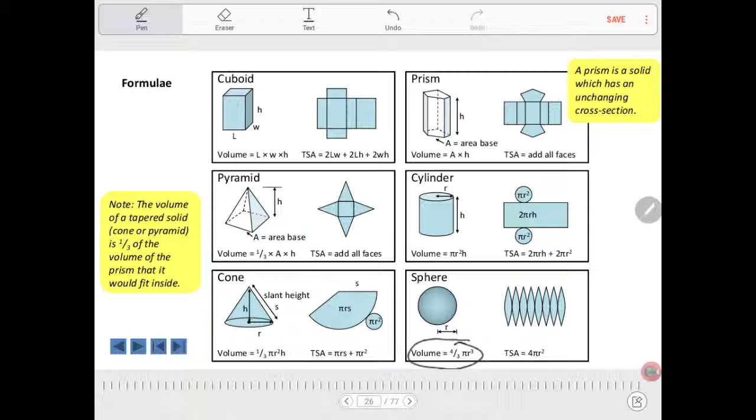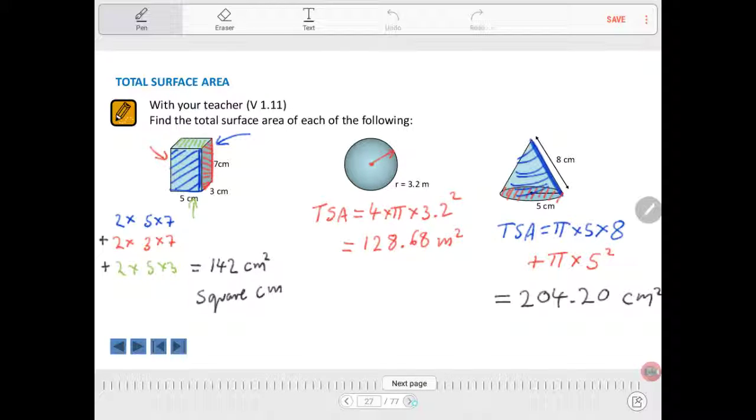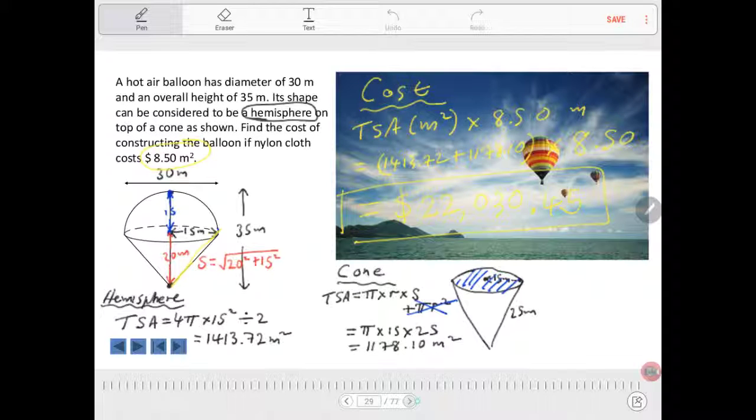So this is the first time we've seen a power of 3, this cubic, in an equation. And it might be a little tricky getting that 4/3 into your calculator too. If you're not sure about how to do that, make sure you consult with me. But you could give it a go and see if you can get it to work.